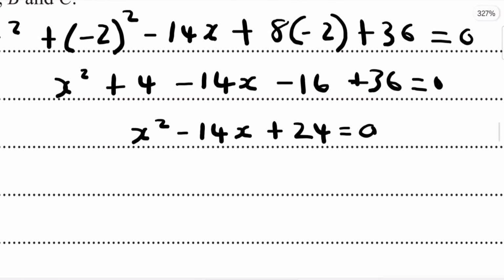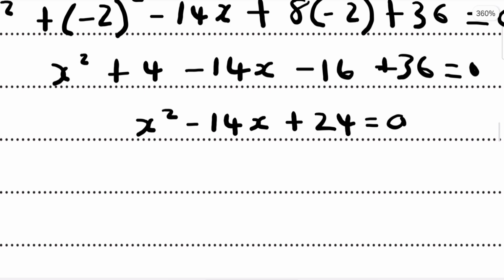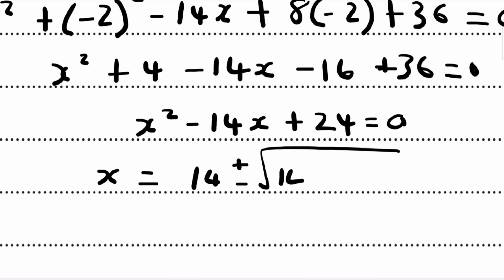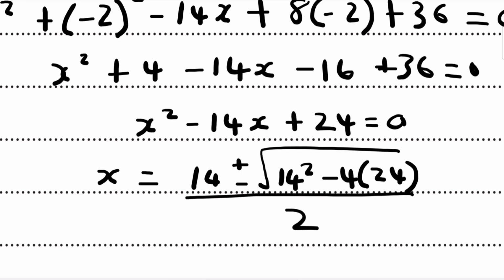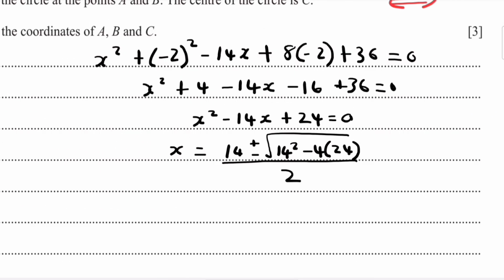Right, and for us to get the 2 x values, we're going to use the quadratic formula. So x equals 14 plus or minus the square root of 14 squared minus 4 times a, which is 1, times c, which is 24, all over 2.